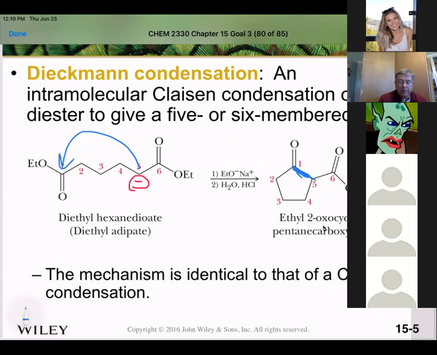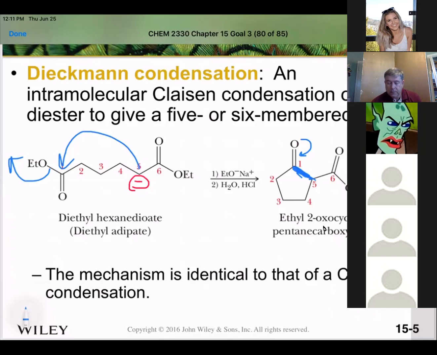Remember, the other half of this reaction, that ethanol goes away. It's removed from the compound as a better leaving group to make our sigma bond here. And then those electrons came down to give us back our carbonyl. Okay, so do we see that in a Claisen intramolecular condensation, which is also called the Dieckmann condensation, we can make these 5- and 6-membered rings very easily, and it's easier to identify where the anion came from, okay?